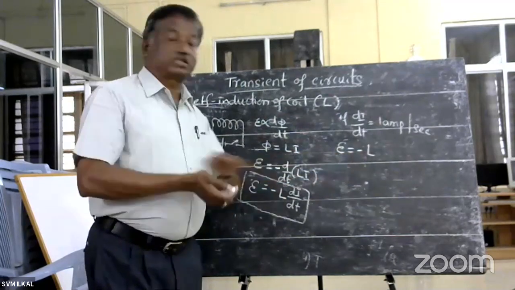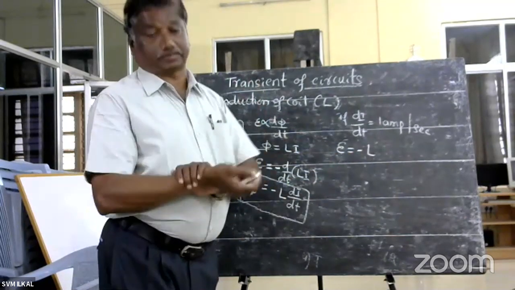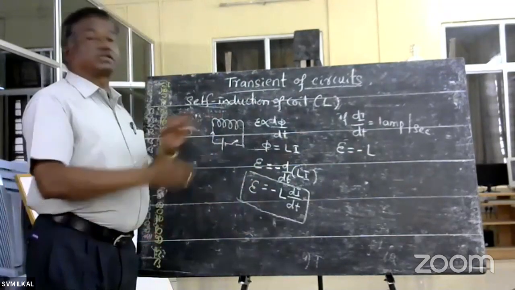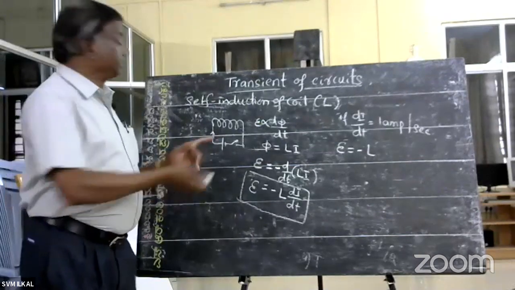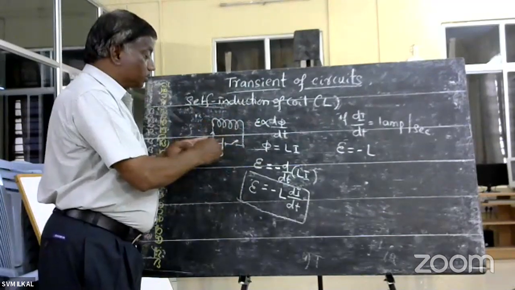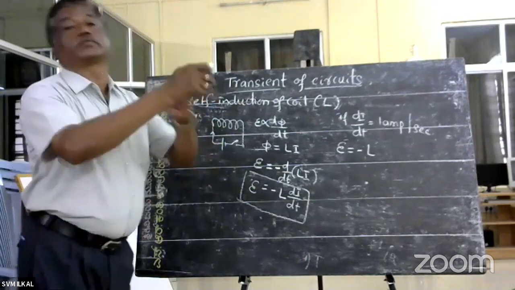Okay. Then one may ask the question here, what does the minus, the negative sign, represent? See here, whenever current increases in the coil, the EMF induced in the coil opposes the change of current in the circuit, means it opposes the growth of current.